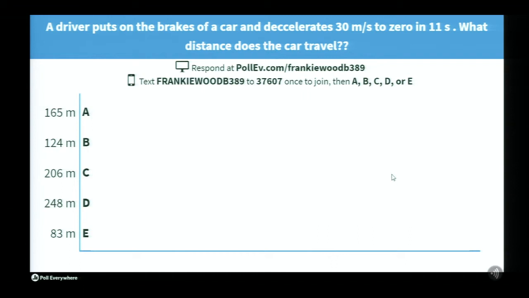And the answers that are provided are 165 meters, 124 meters, 206 meters, 248 meters, and 83 meters.